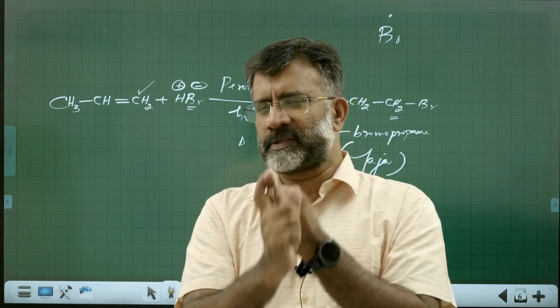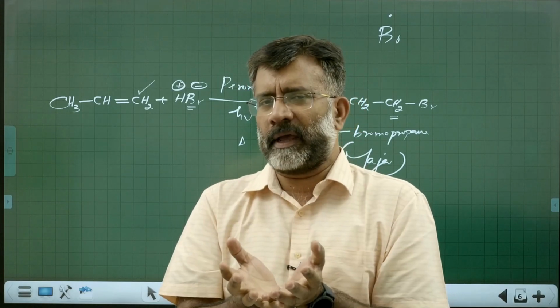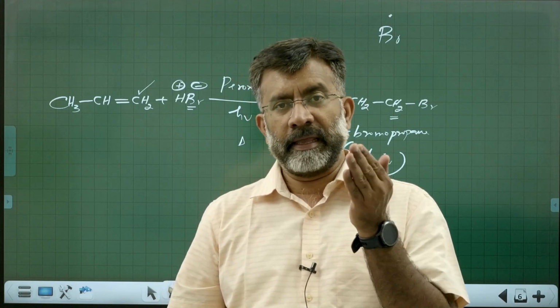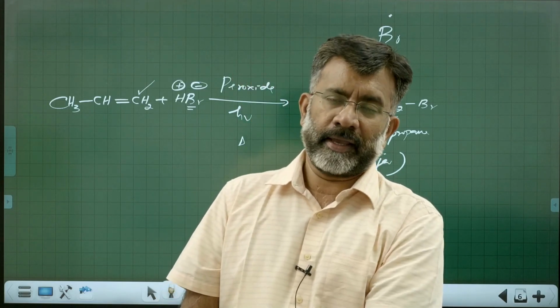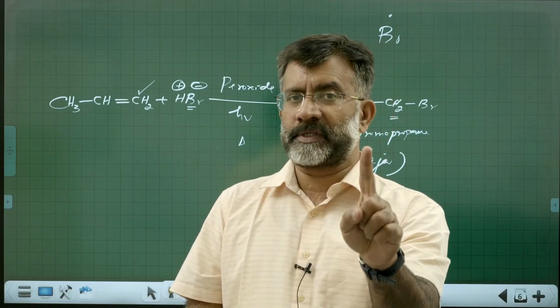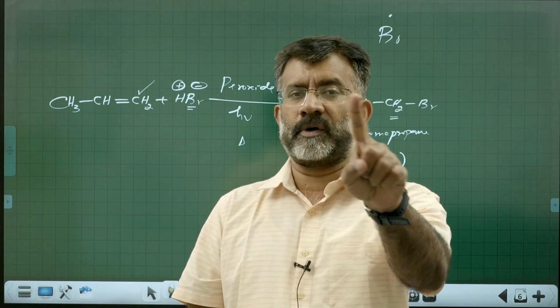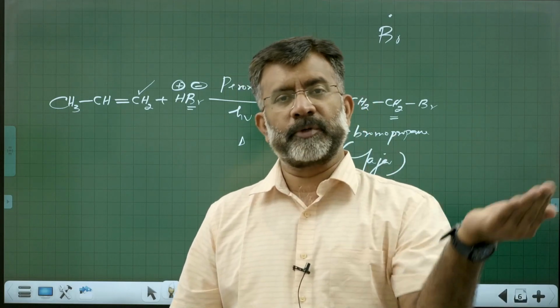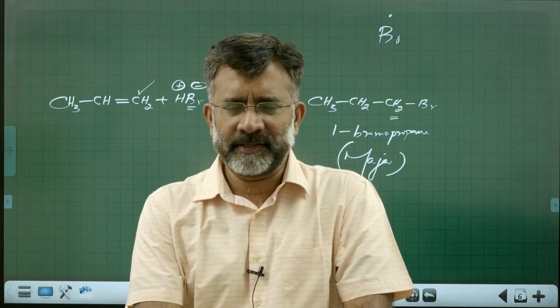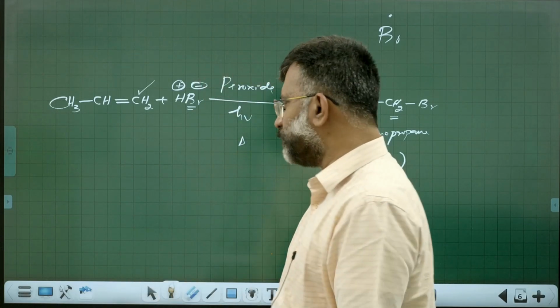In the case of unsymmetrical alkenes, any molecule added under normal conditions gives Markovnikov addition, while HBr added to an unsymmetrical alkene only in the presence of peroxides or light gives the opposite product, the anti-Markovnikov product. Right? All these things are actually a review.